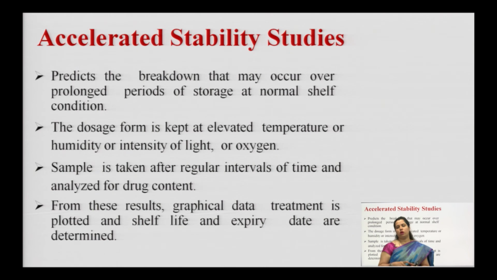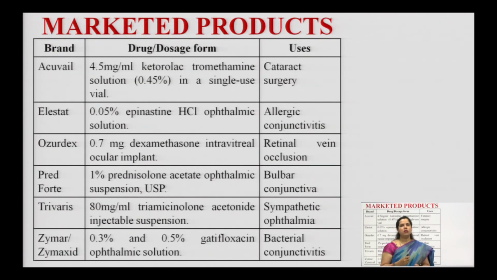So, how will you give the shelf life or expiry of a product? Using these stability studies, one can have all the data regarding shelf life and expiry. Now, these are some marketed products. As you see, I have made a table which represents the brand name, drug and dosage form, and the uses. A variety of ocular dosage forms have been prepared and are available in the market.